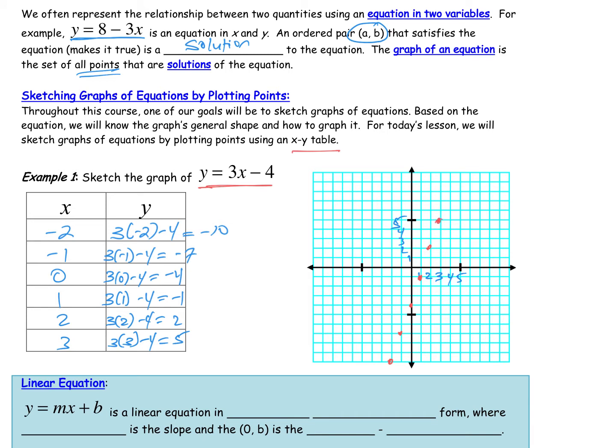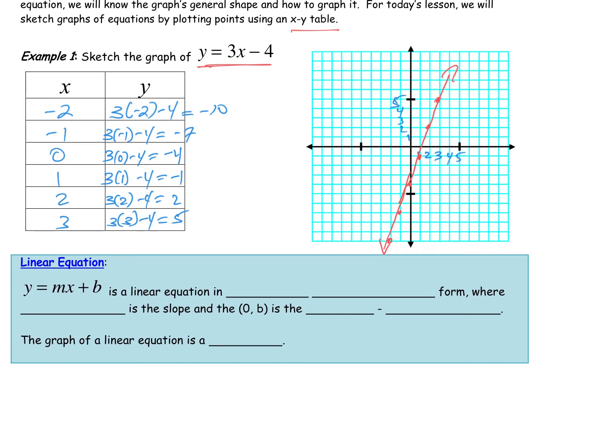I hope you all recognize that y equals 3x minus 4 is the equation of a line with slope 3 and a y-intercept of 0, -4. To summarize, if we have an equation of the form y equals mx plus b, that's a typical way that we express it. This is a linear equation in slope-intercept form.